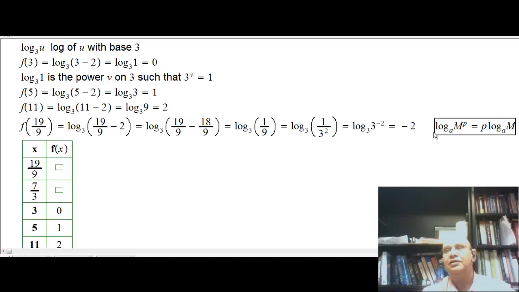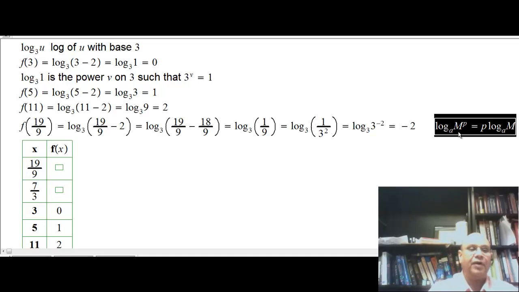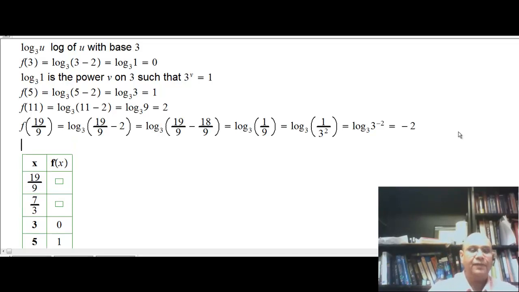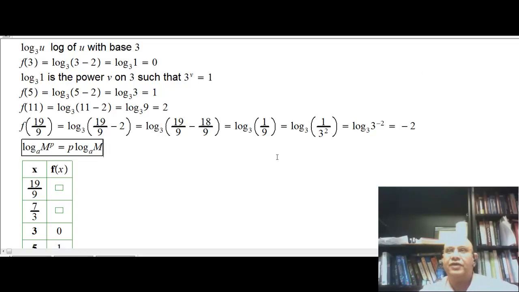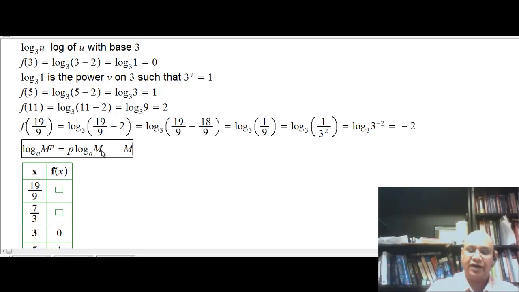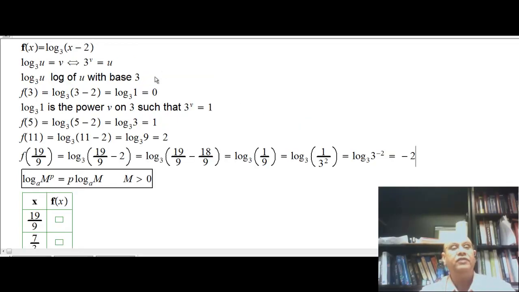See this here? This is the power property of logarithm, which I know you might have forgotten, but don't worry about it. That is, if you take logarithm of a power, then you can bring the power down. You just pull it out. It can become a fraction, and of course we have to have m greater than 0. But anyway, even if you went by the definition, this is negative 2, isn't it?